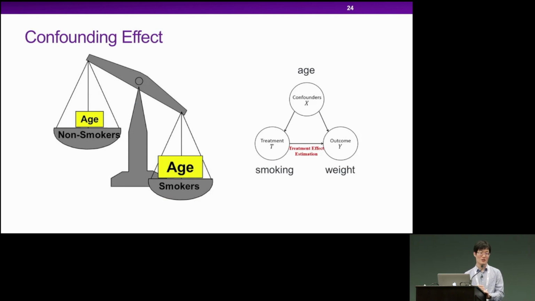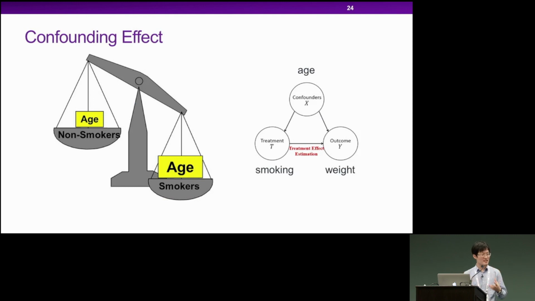So you tend to smoke, right? And because you worry more, you will not have very good life habits, so you increase your weight. So actually it's age that causes smoking, and age that causes you to increase weight.